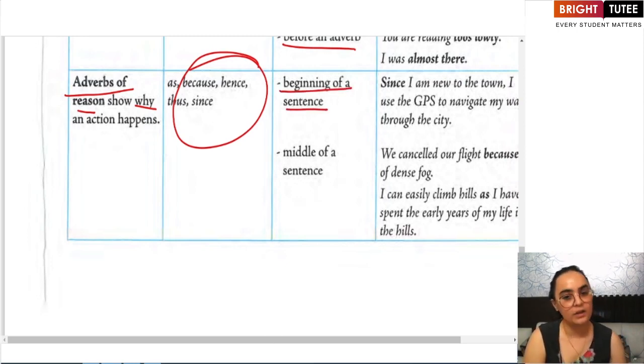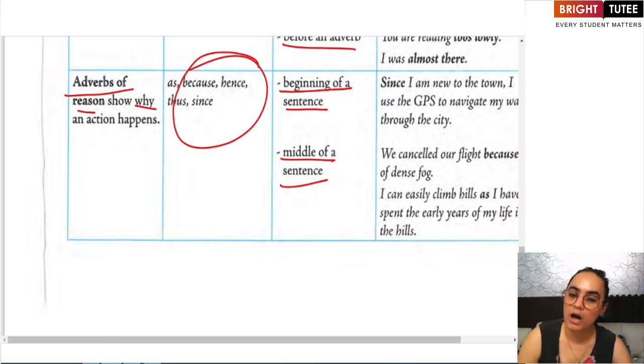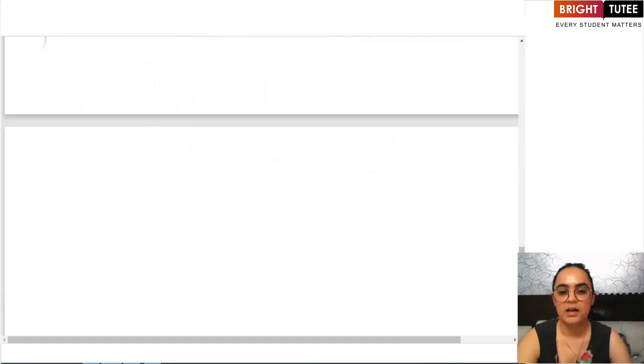At the beginning of the sentence or in the middle of a sentence. Since I was born, I have learned to dance. Or I knew how to dance because my mother is a dancer. So either the middle of the sentence or the beginning of the sentence.